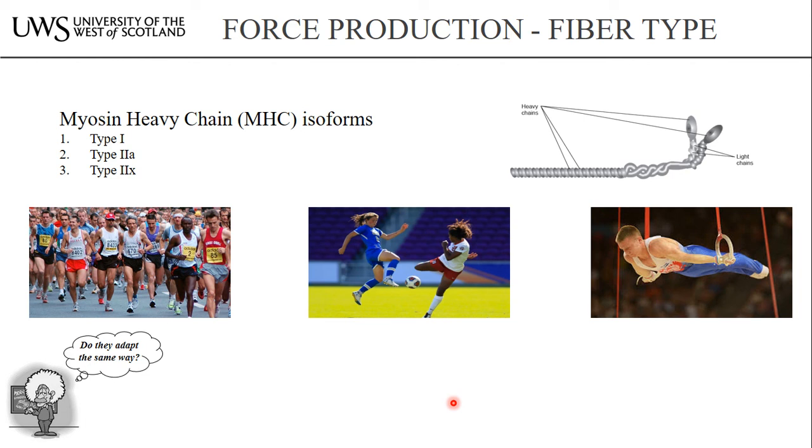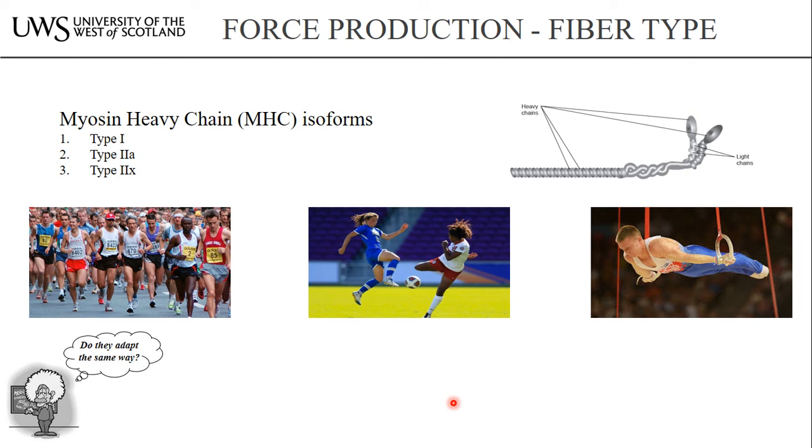Type 1, which are the so-called red muscles or slow twitch type muscles, usually dedicated to perform activities more oriented to resistance, endurance capabilities, sorry. So like running, long distance running, cycling, or rowing.